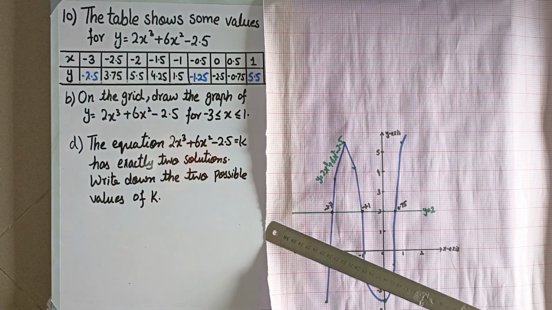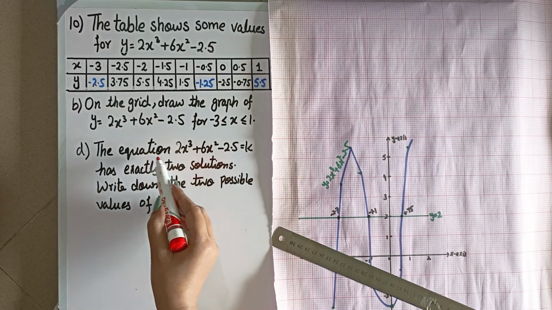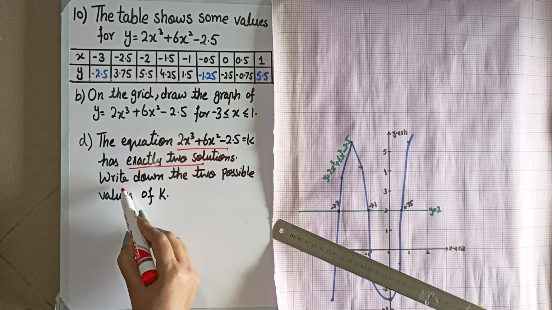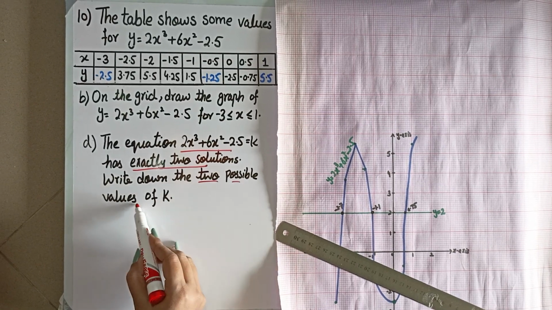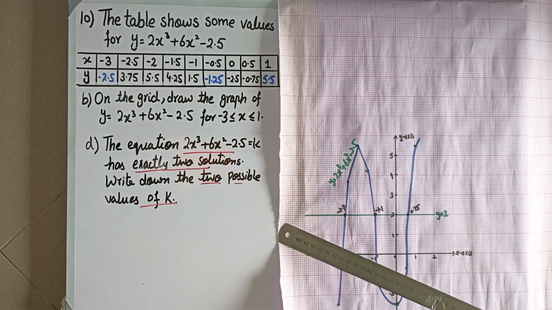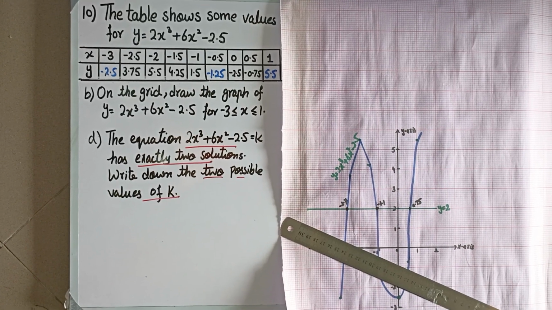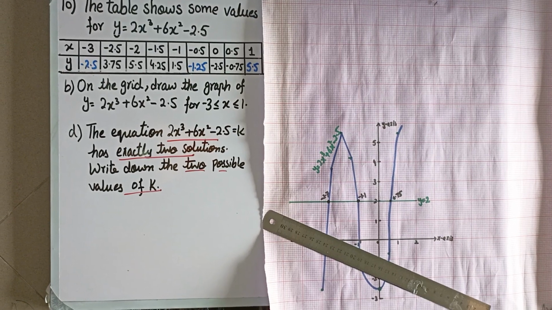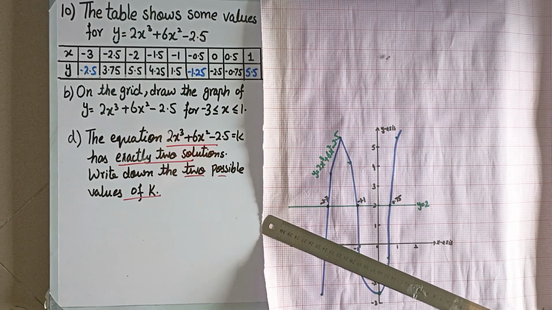In part D, the examiner is asking, for the equation to have exactly two solutions, write down the two possible values of k. You have to find the maximum or minimum point in the graph. It is clear from the graph that the minimum and maximum values are here.